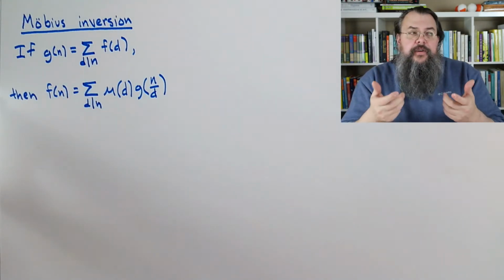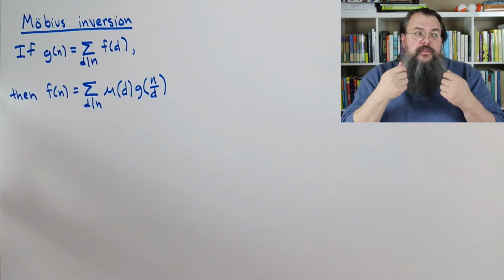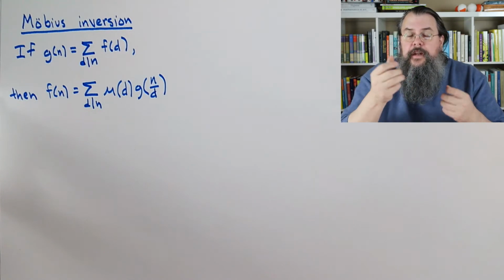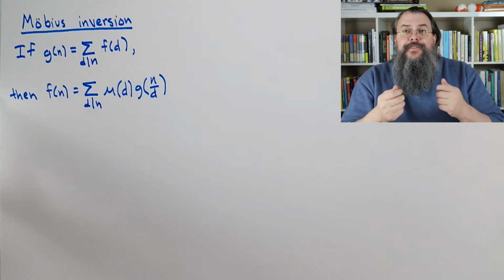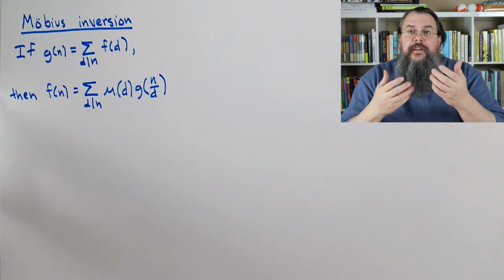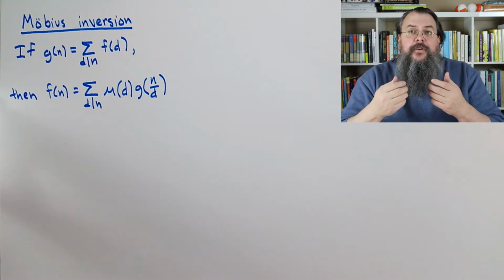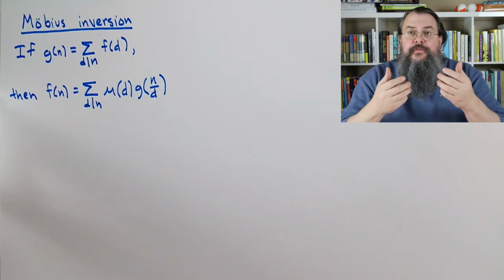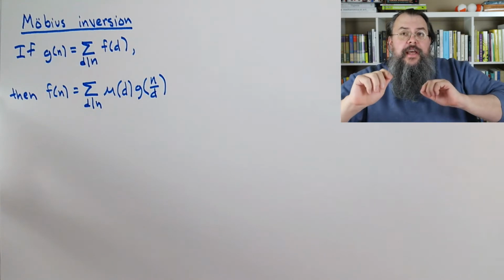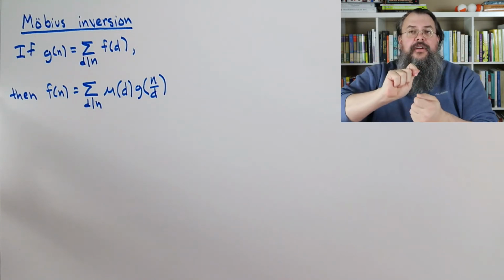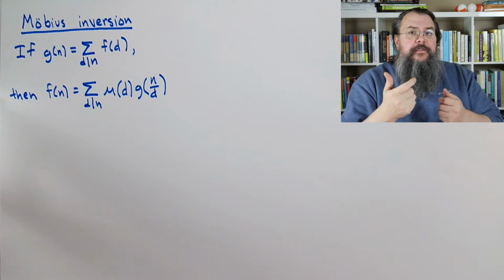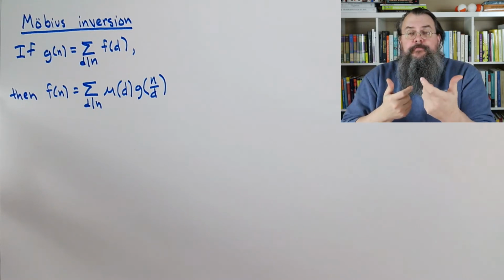So I'll take all the divisors of n and look at what's the function at that divisor for f and add all those up. So given a g, it's a sum of f. So great, I have g in terms of f. Mobius inversion says, hey, I'd like to turn this around. I'd like to figure out what is f in terms of g.